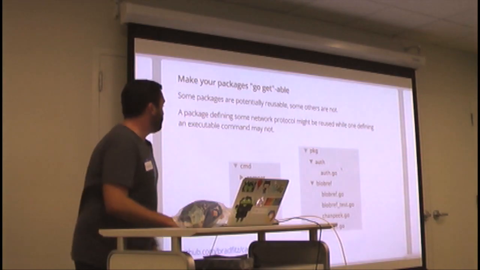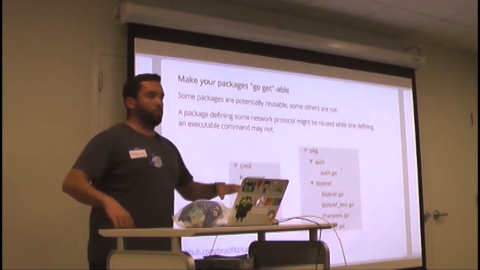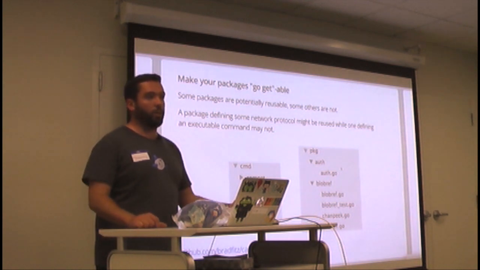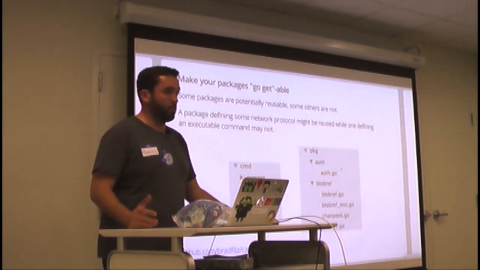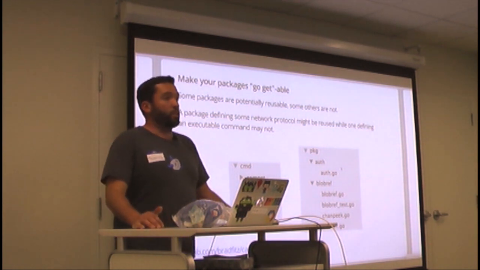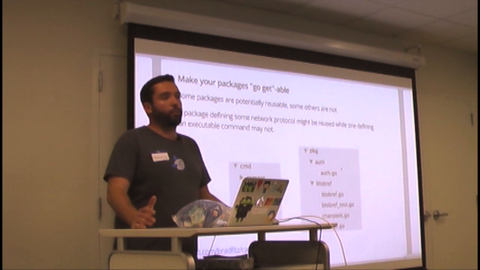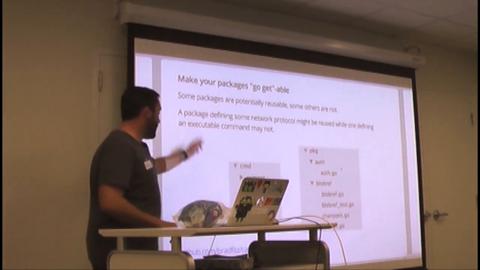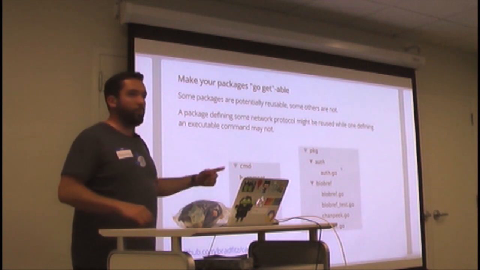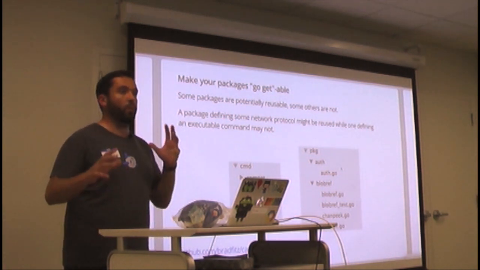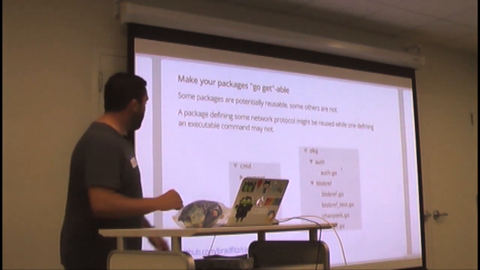What we do normally is you separate your code into two kinds of code. One is reusable code. The other one is code that you're not going to reuse. It's impossible to reuse. What kind of code is impossible to reuse? Main package. You cannot import it, so you cannot reuse it. Very often what you're going to see is this, actually from Camlistore, which is a project that Brad Fitzpatrick wrote, and I think it's a very good example of what Go code should look like.